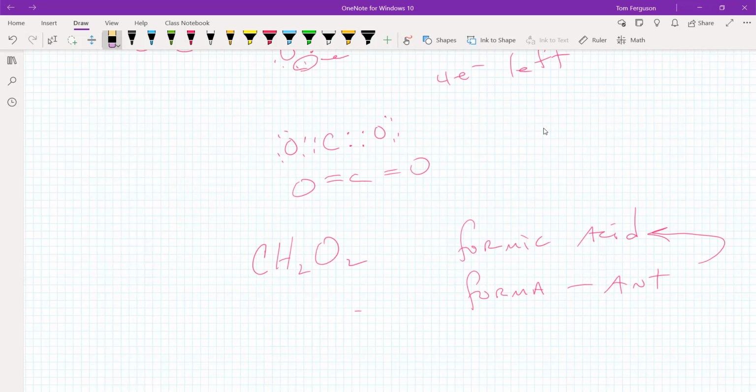And there's probably an alternate legal structure as well. With Lewis structures, you can have alternate structures that fulfill the two rules, the full shell rule and the number of bonds rule. So there are two ways to do this.